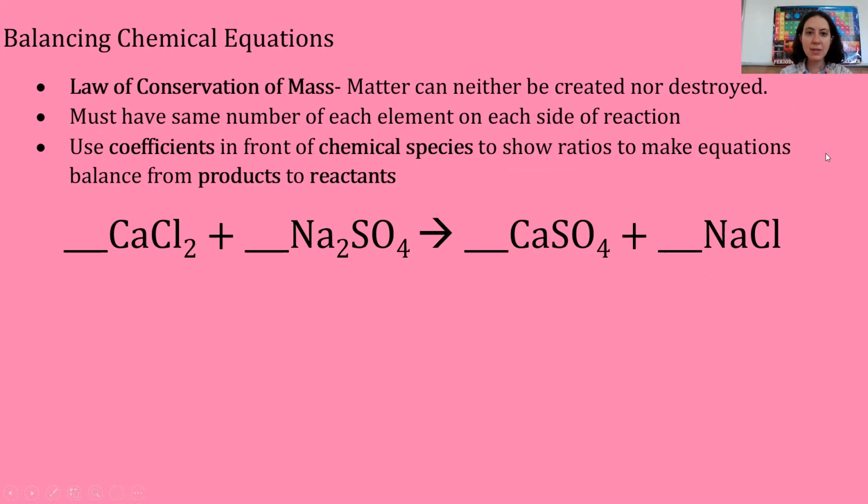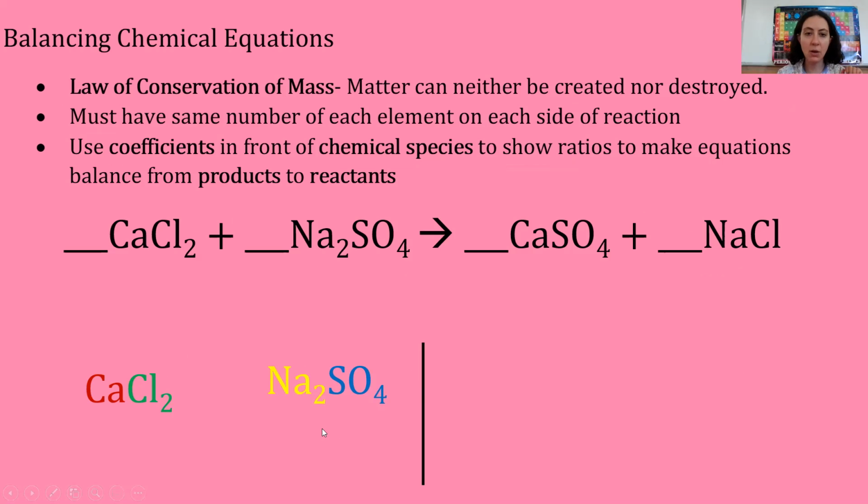So the way that I do this is I want to keep track of how many elements there are on both sides. Looking at this, I can see that there's 1 calcium and 2 chlorines. It's kind of easier to see this way on the reactant side. And then there are 2 sodiums and 1 sulfate. You could think of this as 1 sulfur and 4 oxygens.